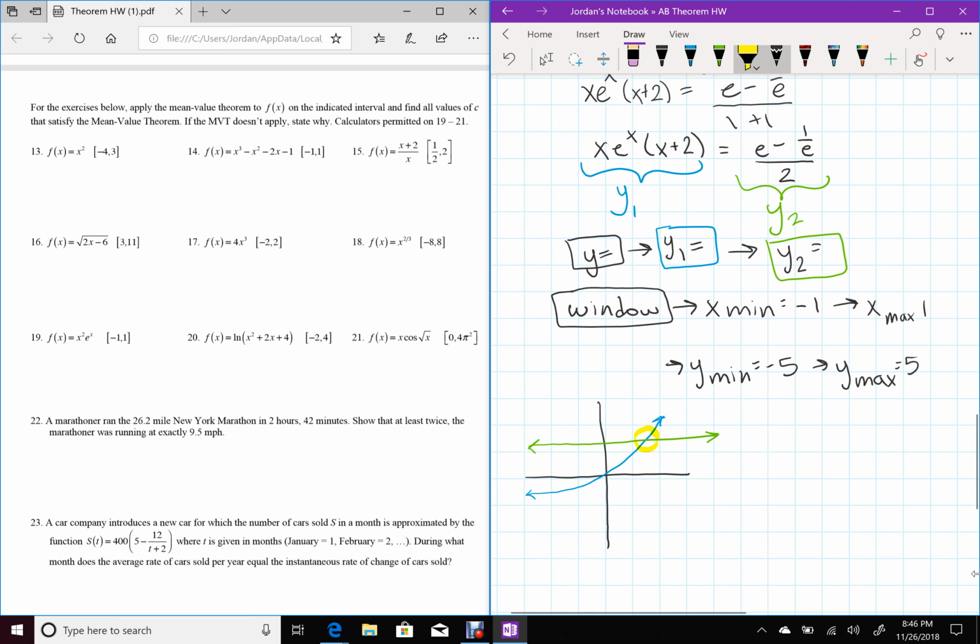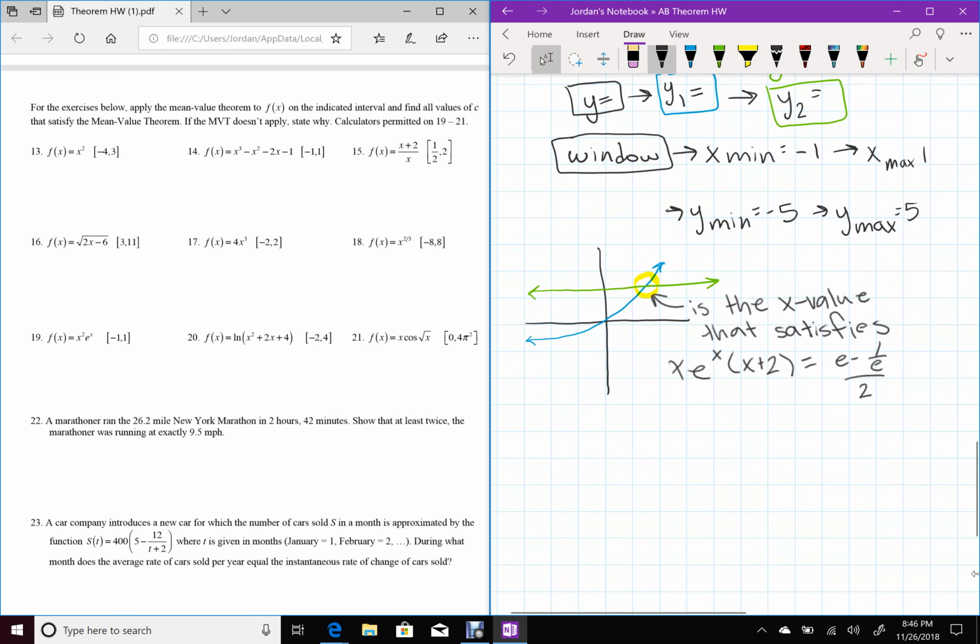That's what we want to find, because this intersection is the x value that satisfies the equation that we had. Okay?